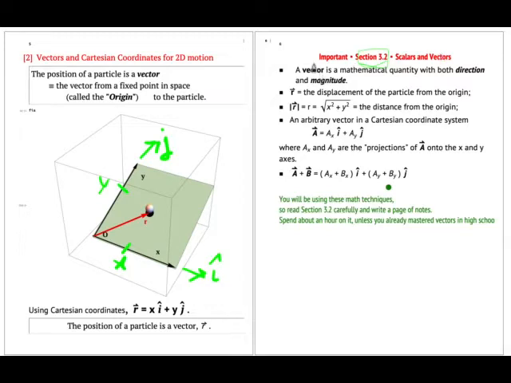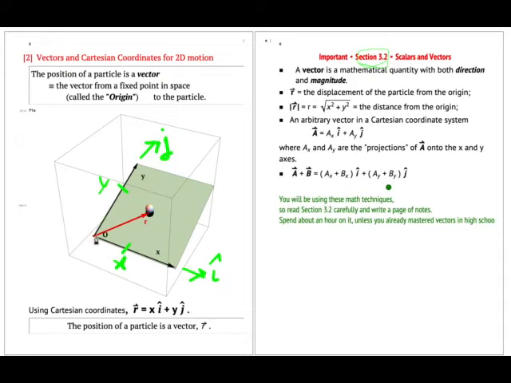What's a vector? A vector is a mathematical quantity that has both direction and magnitude. So let's take, for example, this position vector r. That's the displacement of the particle from the origin. The magnitude of r, which I write as r vector between two vertical lines, or sometimes that's just called r with no arrow over it.